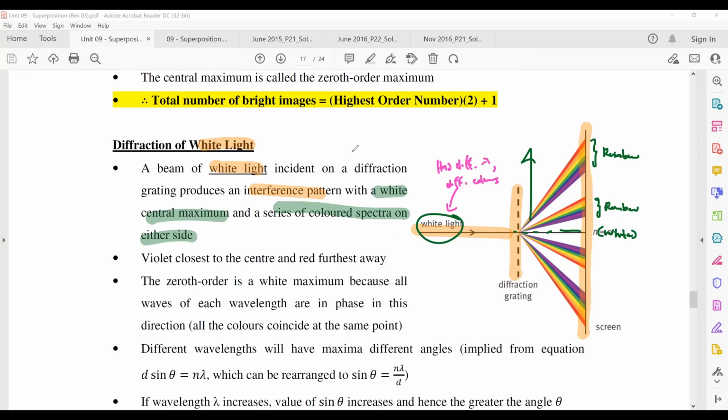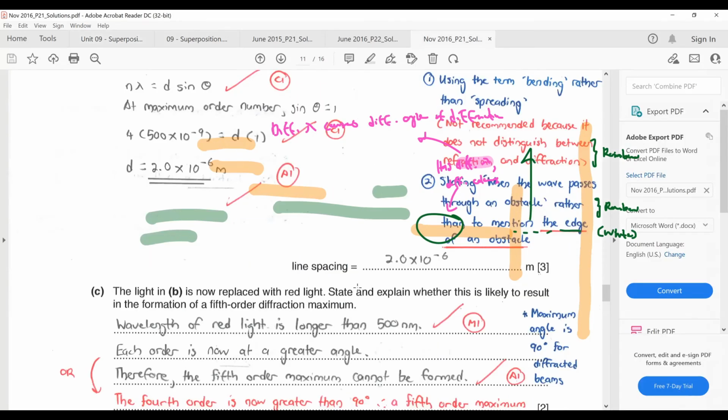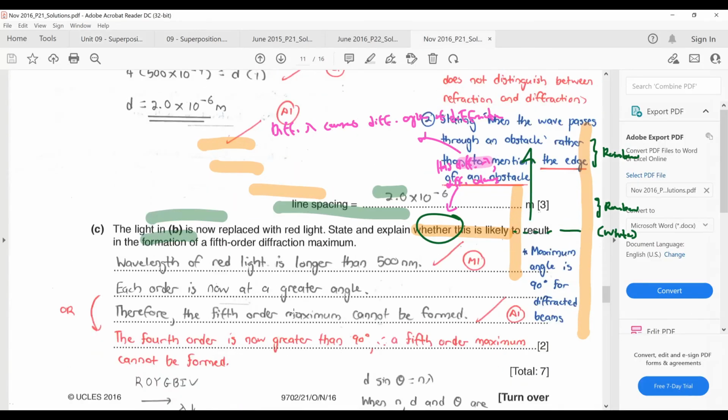So what we'll tell you is that because you have different wavelength, different wavelength causes different angle of diffraction. Okay, we know this from the question that we just did just now.